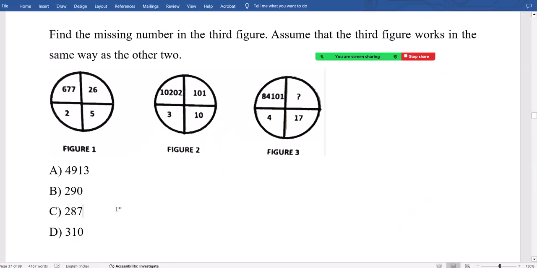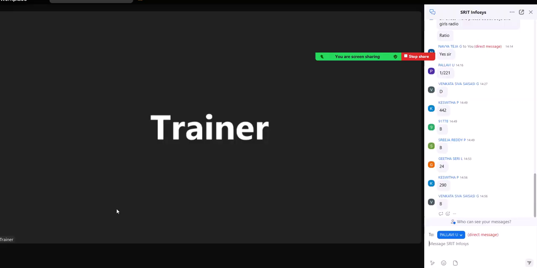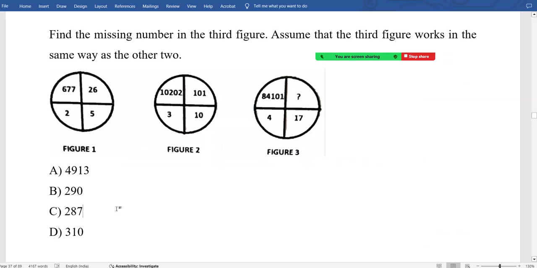What is the answer here? Yes, option B, 290. Very good.